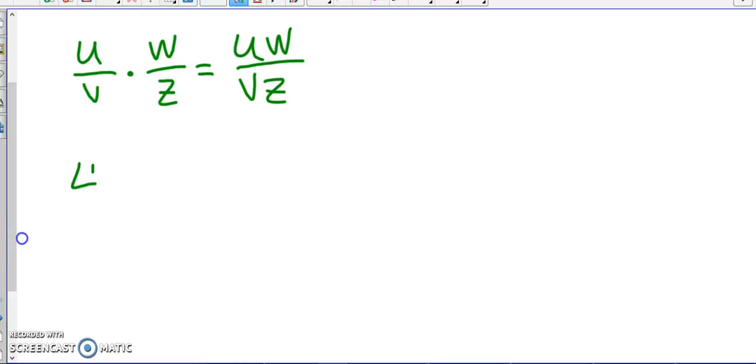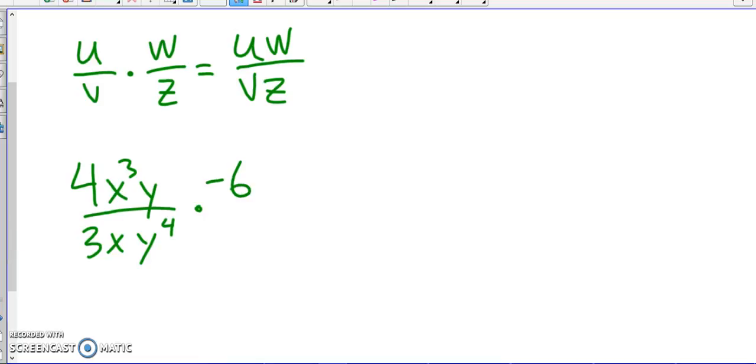So let's say I have 4x cubed y over 3xy to the fourth times negative 6x squared y squared over 10x to the fourth.